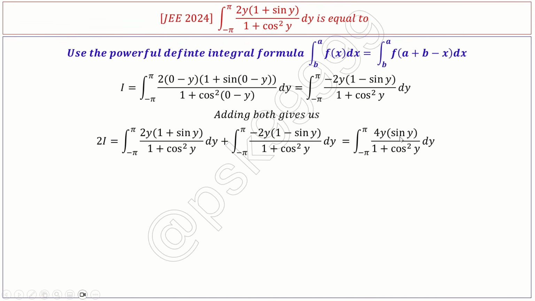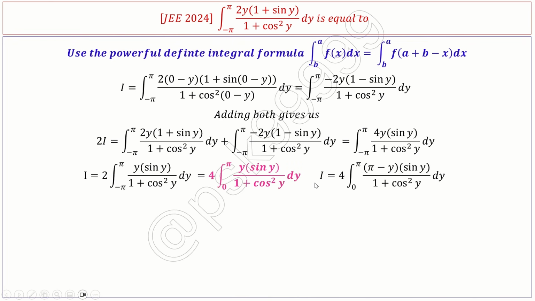This is minus y into sine minus y, which is minus, so minus into minus will become plus. So y sine y by 1 plus cos²y remains the same. If I substitute y equal to minus y, that means this is an even function, correct? So for an even function, if the limits are from minus a to a, I can make it 2 times integration of 0 to a. So that's what I will apply here now first.